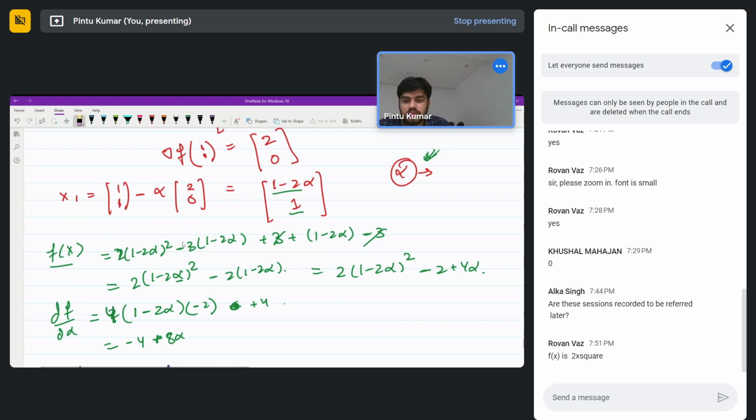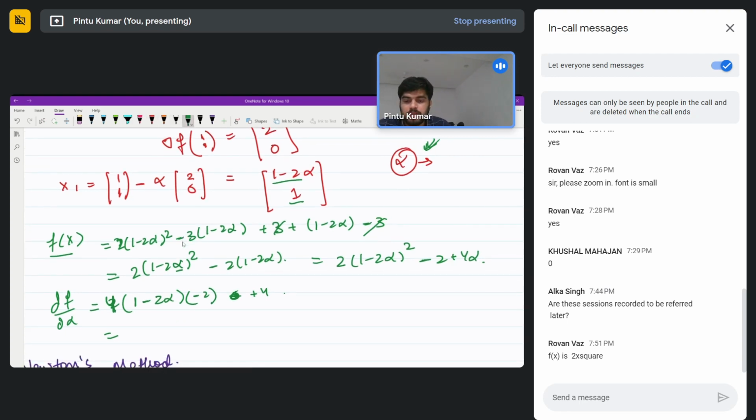So then this thing would become minus 8 plus 8 alpha plus 4. This would imply that 8 alpha, and we want to equate this to 0, right? And then this 8 alpha is 4 and my alpha is half, right?